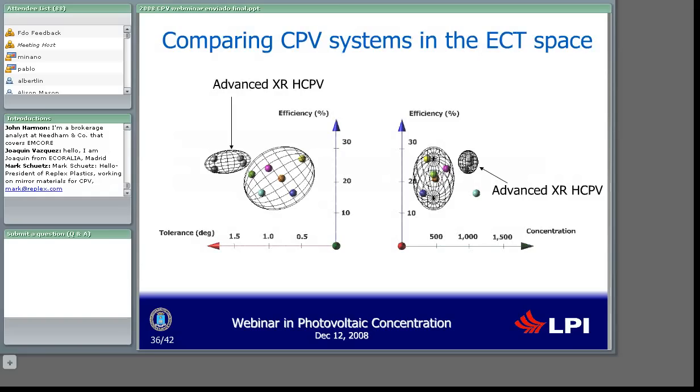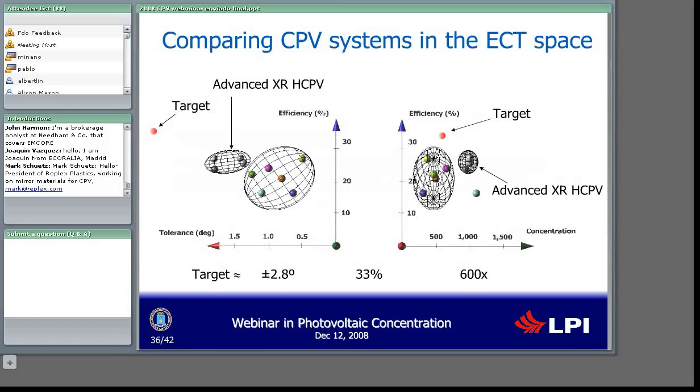Here is the present situation. Setting a target, we think that a reasonable target for the next years would be to focus on increasing the efficiency and also slightly increasing tolerance and concentration, but it is still not completely clear what the optimum concentration level is. So it's possible to change the target following the curve that we mentioned before.